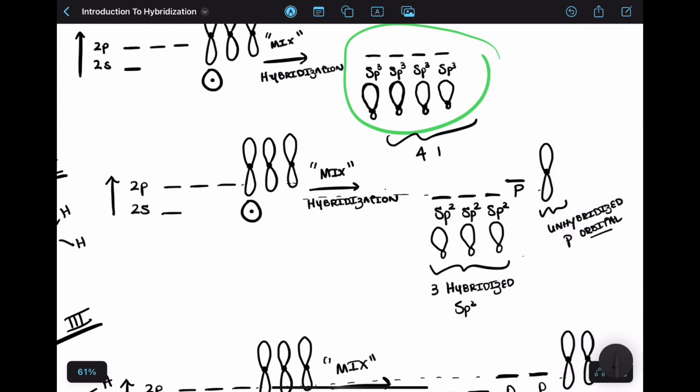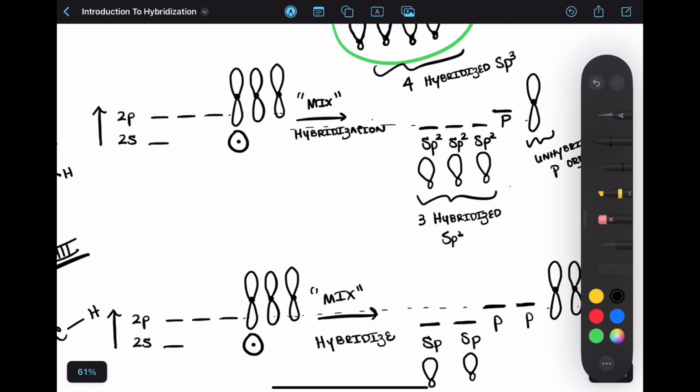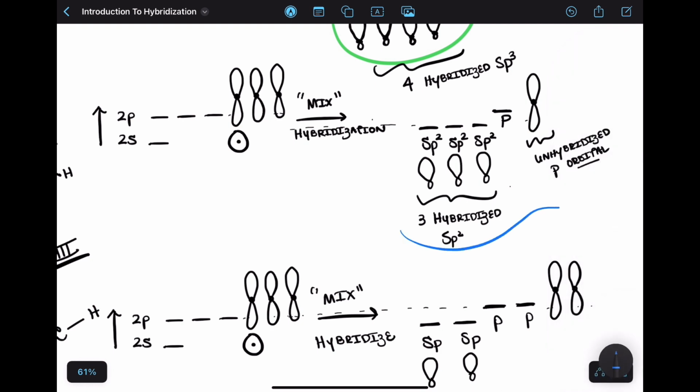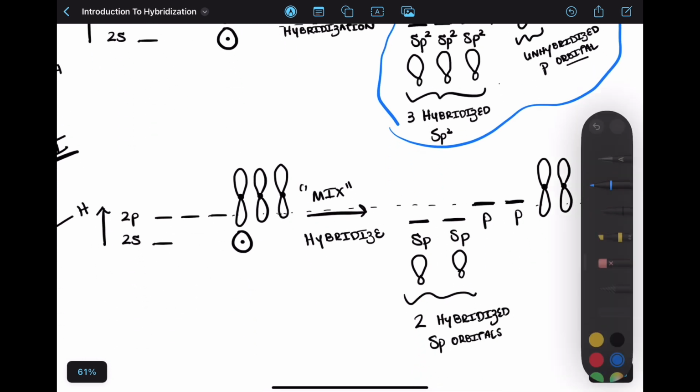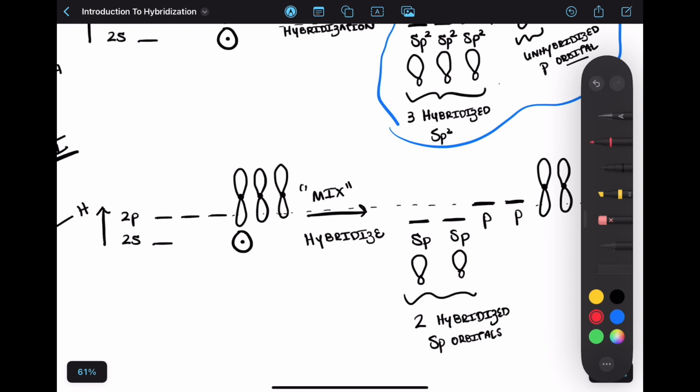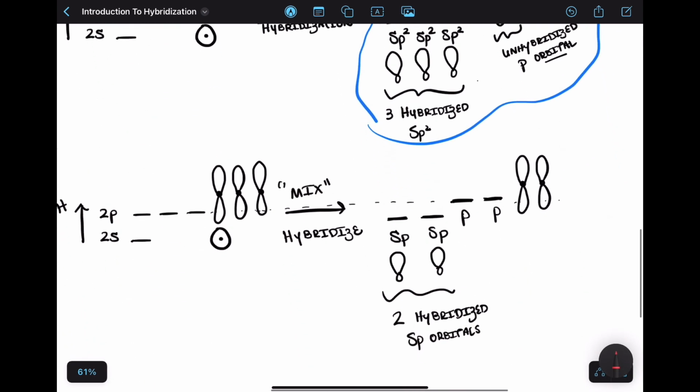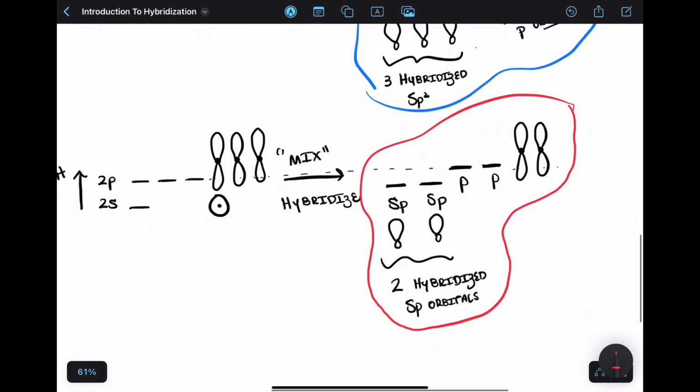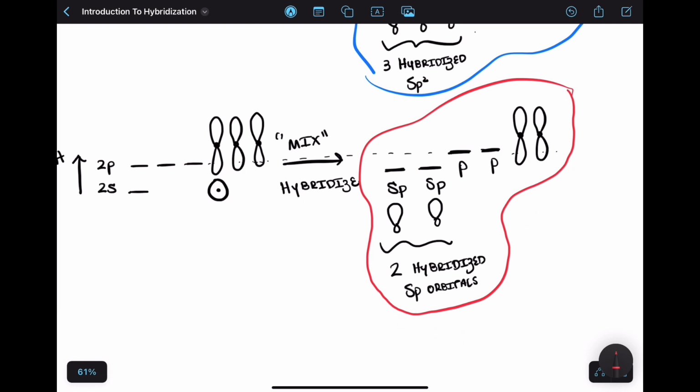We get four hybridized sp3 orbitals, and in this case we have three hybridized sp2 orbitals and one unhybridized p orbital. And then lastly, we have, do it in red, two hybridized sp orbitals and two unhybridized p orbitals.